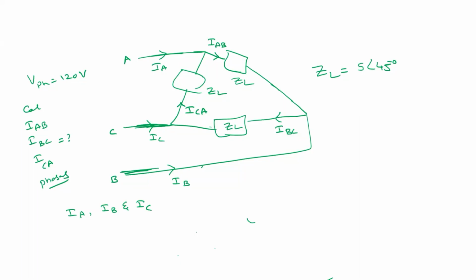We'll solve this. So phase voltage is given, right? Assume that this is a delta connected system, so both phase voltage and line voltage are the same.